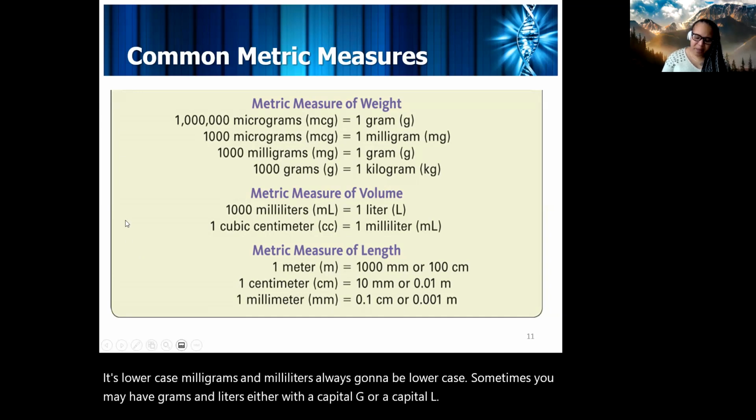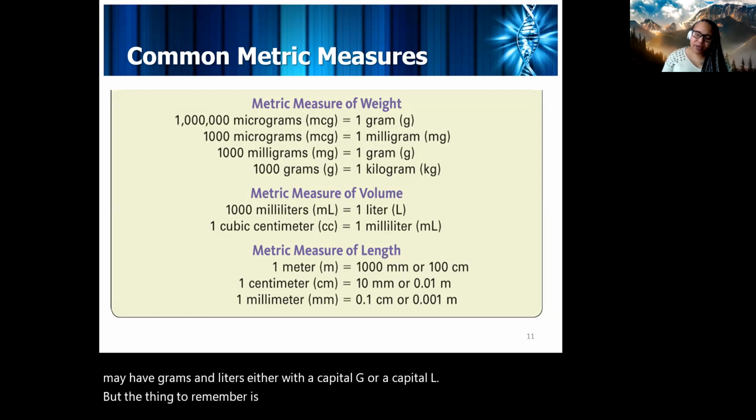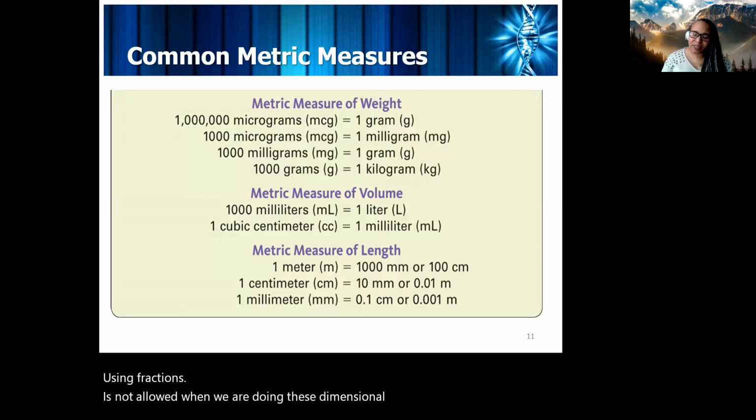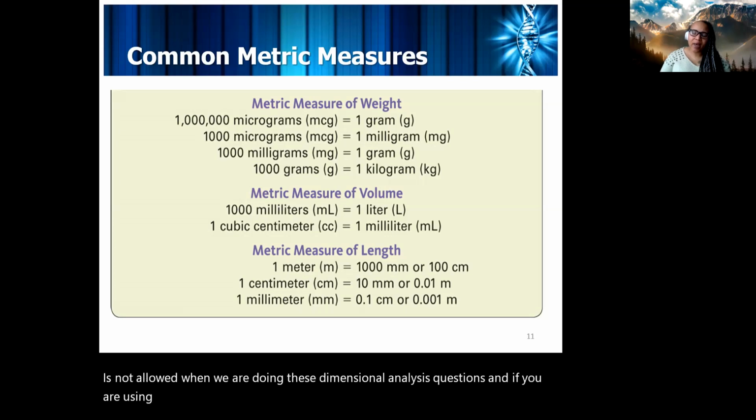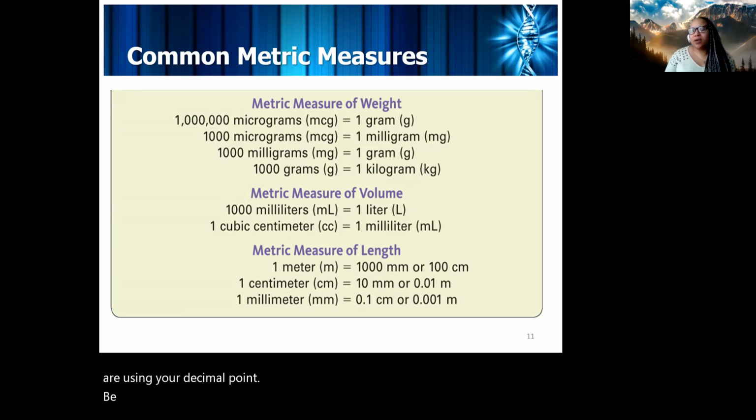But the thing to remember is that using fractions is not allowed when we are doing these dimensional analysis questions. And if you are using your decimal point, be sure that you are always putting a 0 before the decimal and never after.